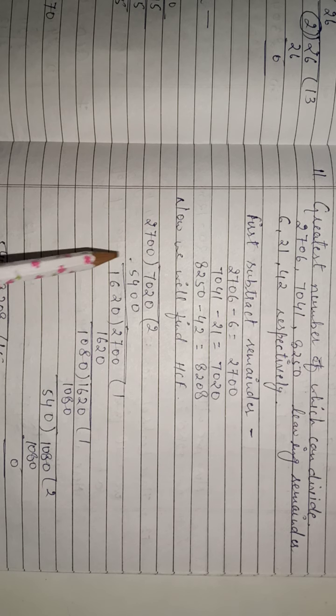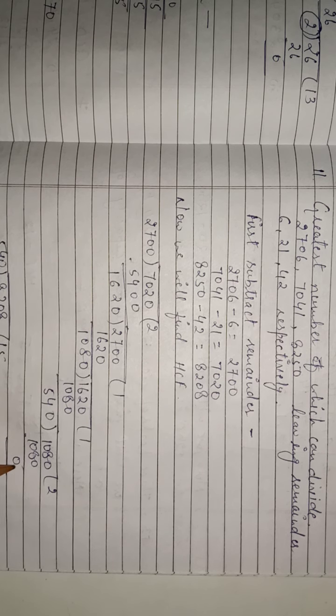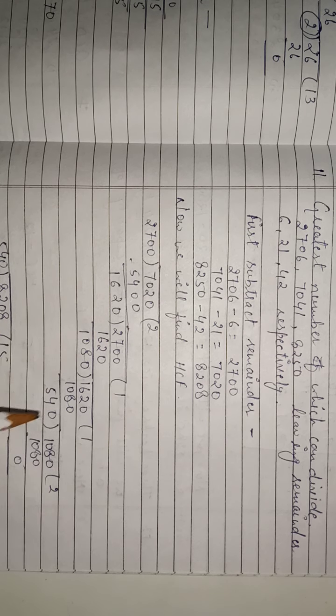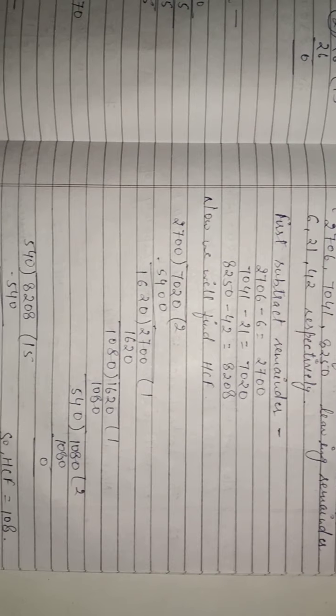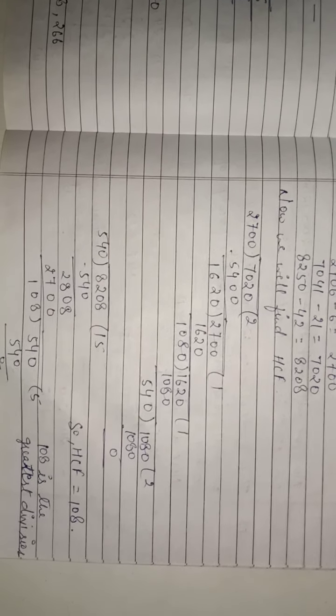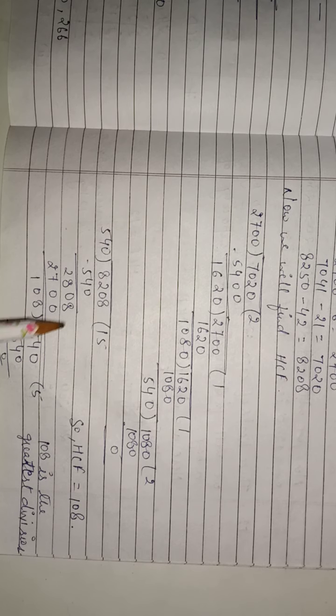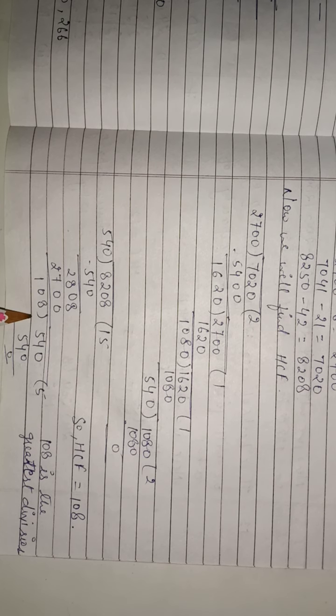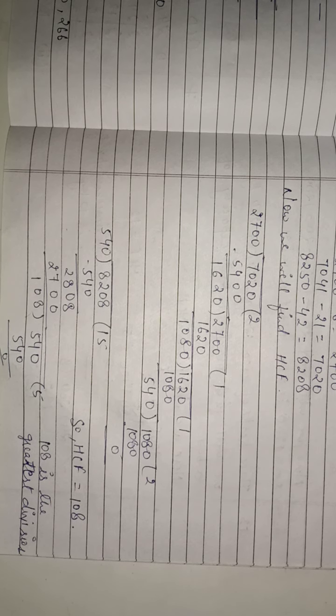Here we will divide 7020 by 2700. So after doing the process we get remainder 0 when the divisor will be 540. And now by 540 we will divide 8208, and here we get a remainder 108, and when we divide 540 by 108 we get the remainder 0.